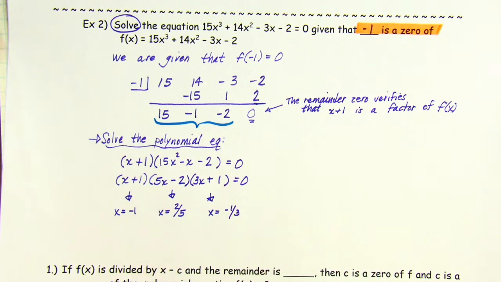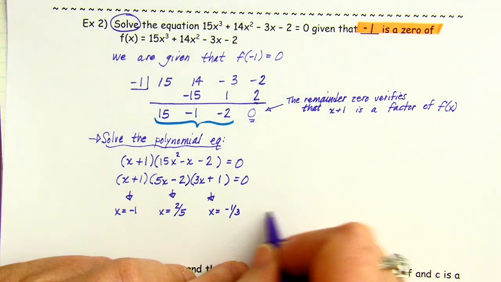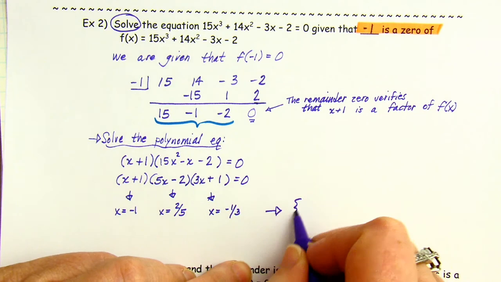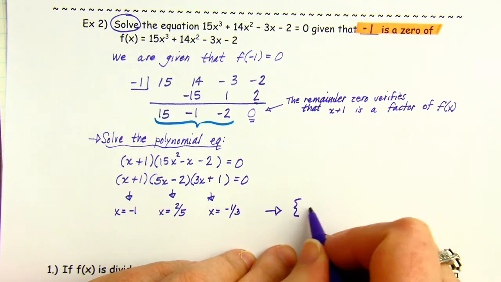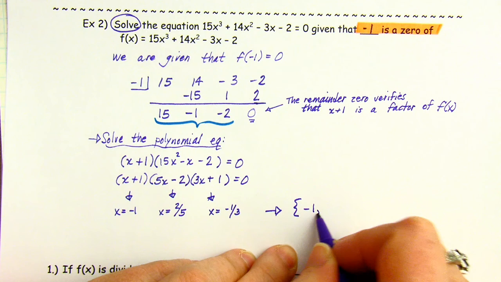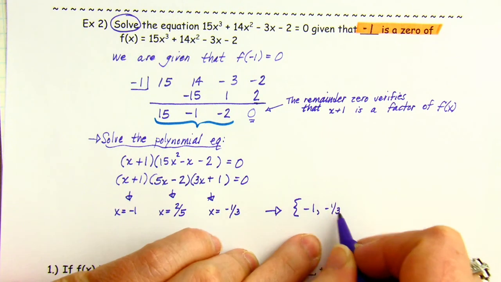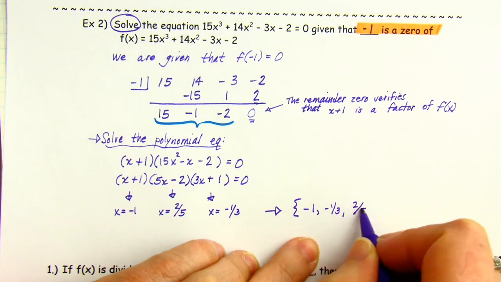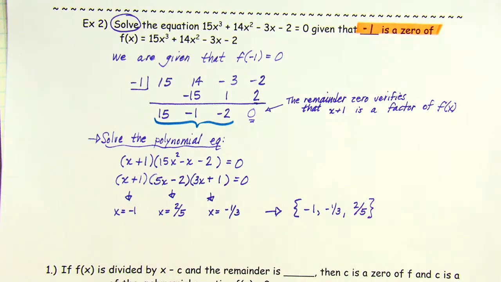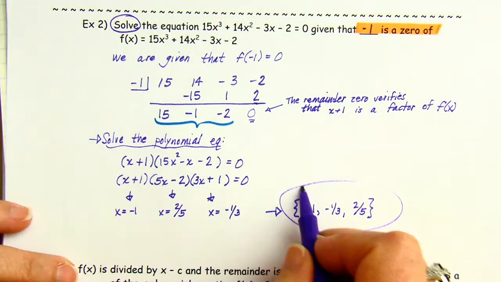We've solved equations before using the zero product principle. And so now I'm going to take these elements and put them into my set notation. -1, -1/3, and positive 2/5 are the zeros of this polynomial function. This is my solution set.